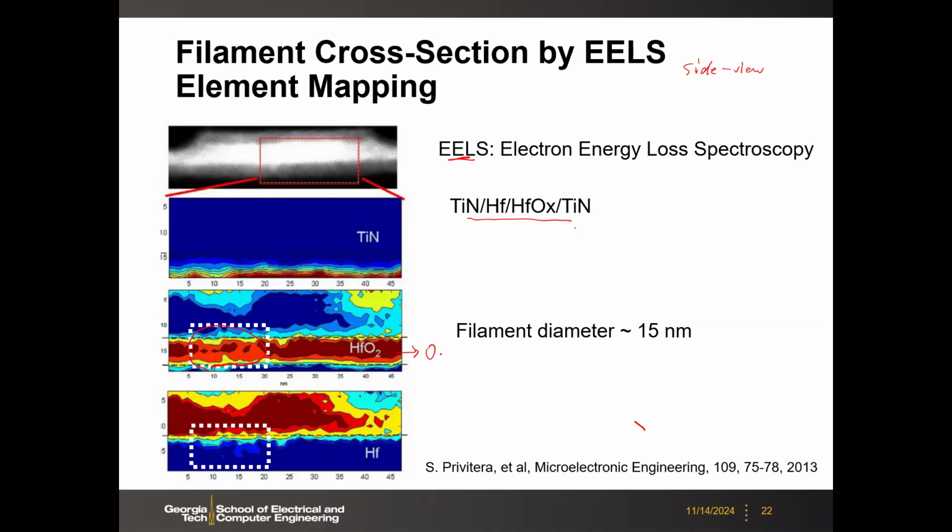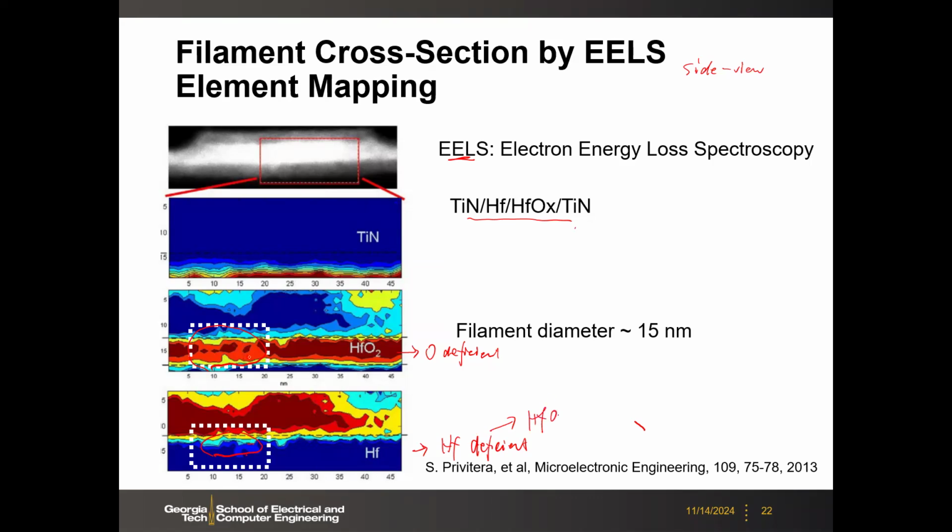So here is oxygen deficient, the color is less red. That means less oxygen there. That means oxygen vacancy. You are missing oxygen locally there. While on top, in the same region in the hafnium capping layer, you also see less hafnium deficient, because here part of the hafnium oxidized.